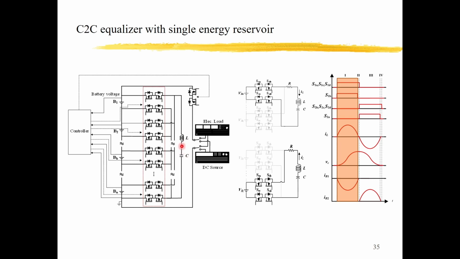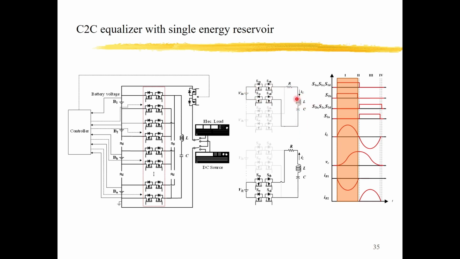The energy reservoir consists of an inductor and a capacitor, so it can temporarily store energy here. So the operation is like this. For example, here, if we turn on these two bidirectional switches, then this battery is connected to the LC combination. So the energy will be transferred here.